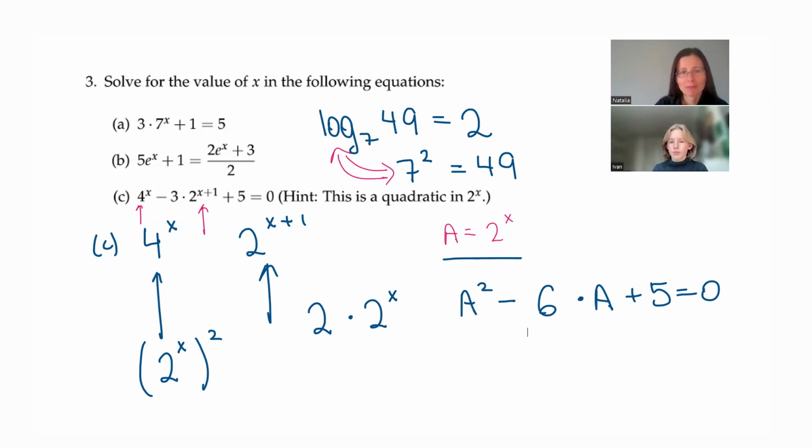We could try to guess the numbers since they're fairly low. We want them to multiply to positive 5 and add up to negative 6. And yes, negative 5 and negative 1 work. So we will factor the equation: a minus 1 times a minus 5 equals 0. Therefore, the two possible solutions are 1 and 5.